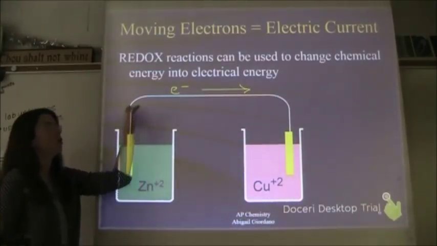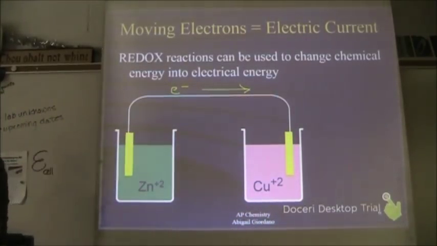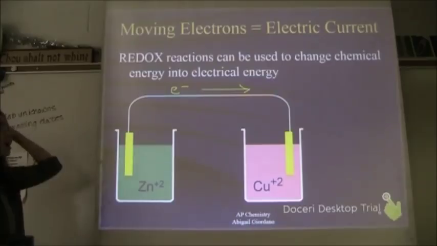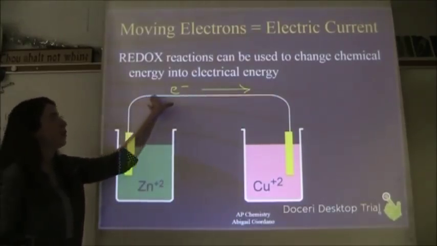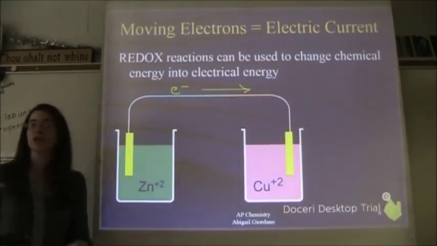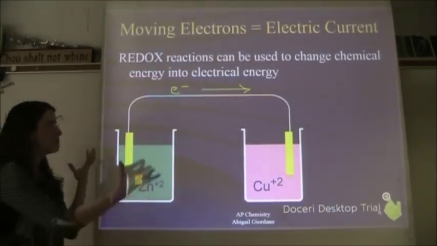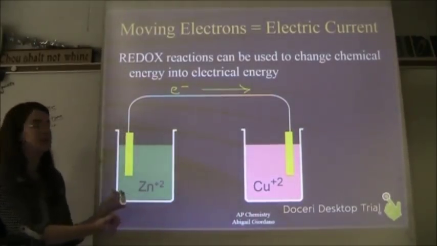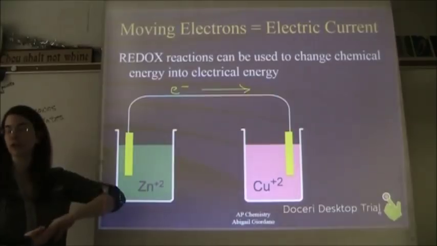And the flow of electrons, ladies and gentlemen, is electrical current. It's electricity. Anytime you have electrons flowing through a wire, that is electrical current. We're using chemical reactions to create electrical energy.